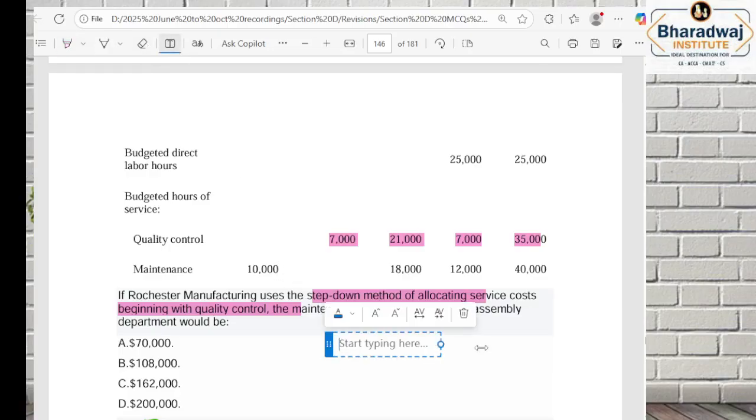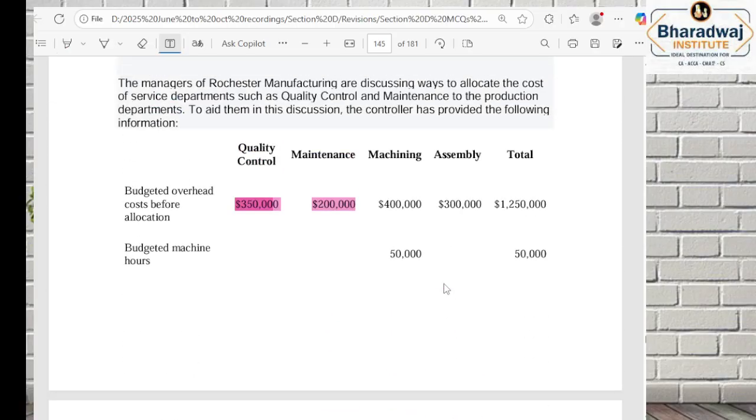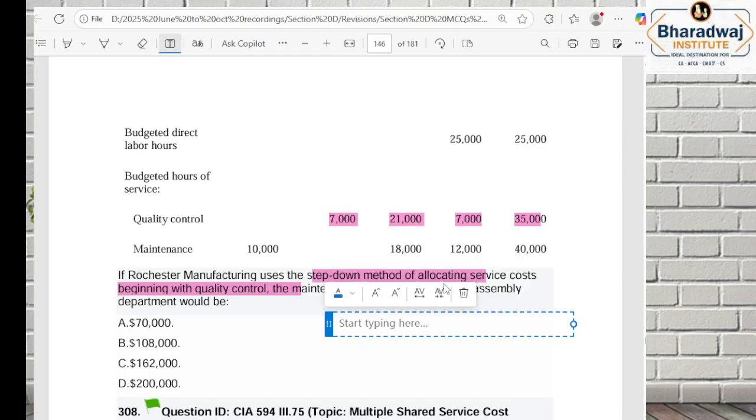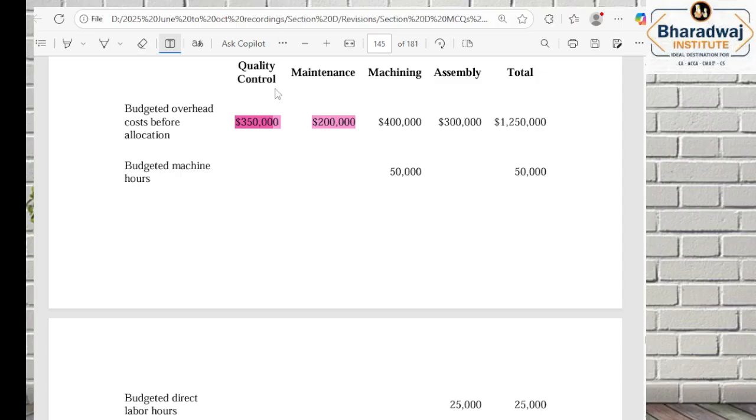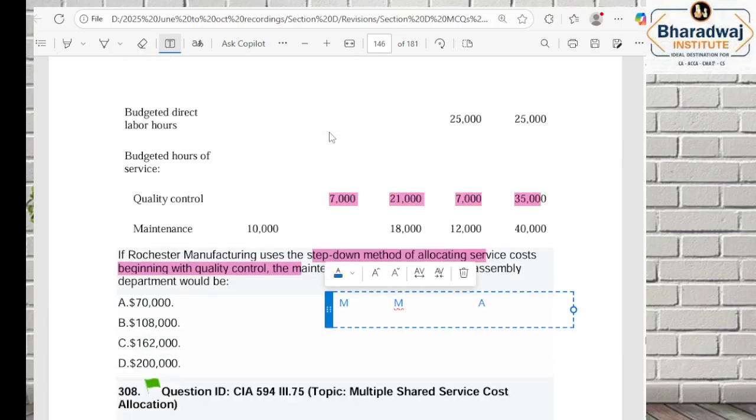What are the departments? Maintenance, machining, then assembly. What is given first? Maintenance 2 lakhs, machining 4 lakhs, assembly 3 lakhs.